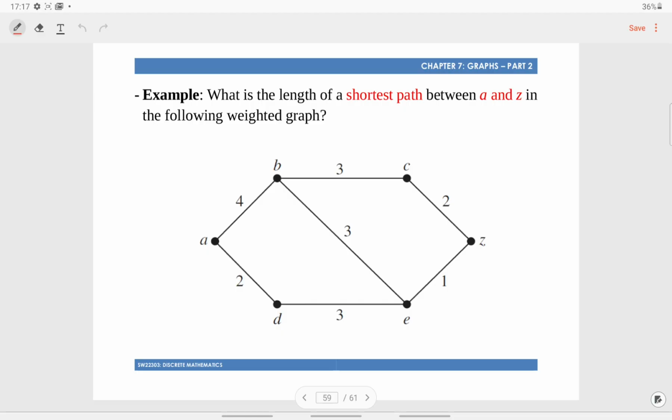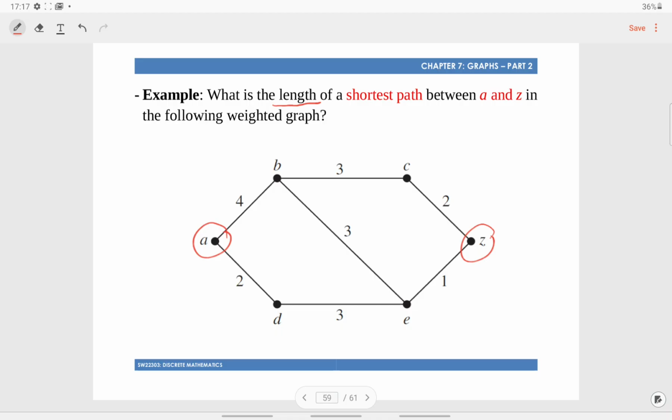Okay, I'll give you another example. What is the length of the shortest path between A and Z in the following weighted graph? In other words, find the shortest path from A to Z. How do we answer this question?